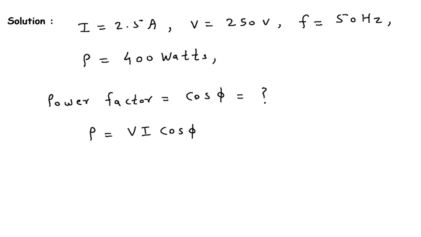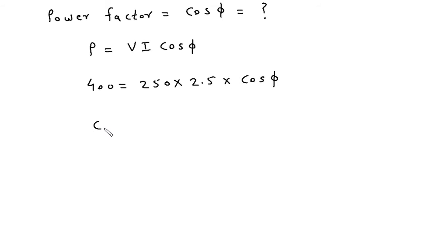So we will substitute all these values here. So power P is equal to 400 is equal to voltage is 250 multiplied by current is 2.5 ampere into cos phi. So cos phi is equal to 400 divided by 250 into 2.5.